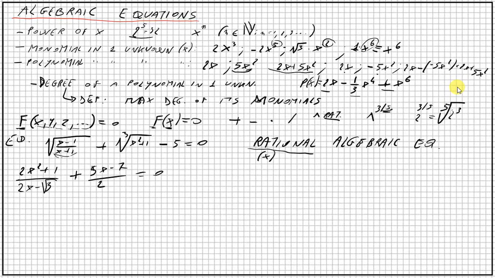Let's talk about some particular rational algebraic equations that do have a formula that we can use to resolve them. So if we talk about integer rational algebraic equations, let's simplify even one step more.